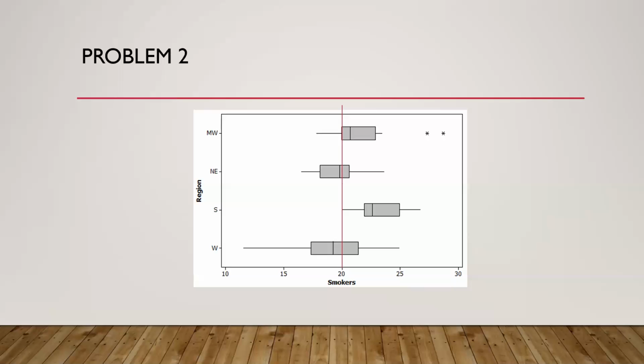That means it would coincide with the first quartile. Now, if we go back and read this, it says the smoking rate is at least 20%. So that means 20% or more. For the first quartile, 75% of the values would lie to the right. So the answer to part E would be 75%.